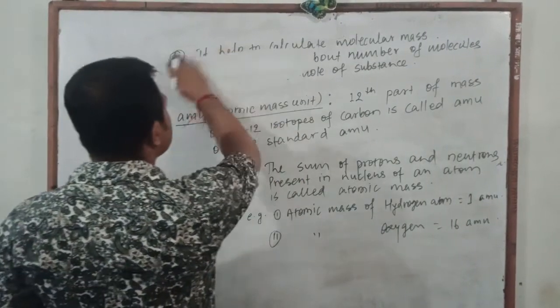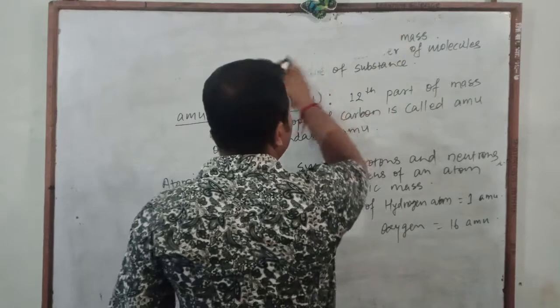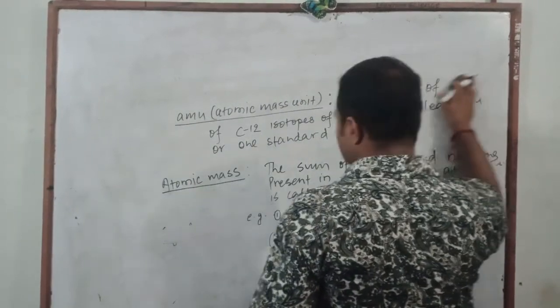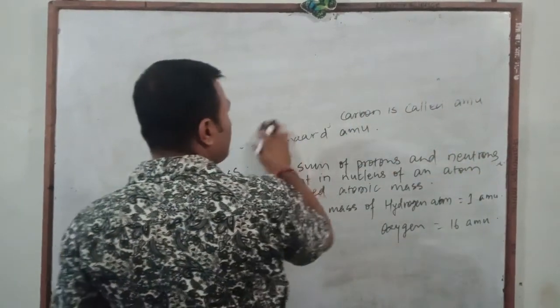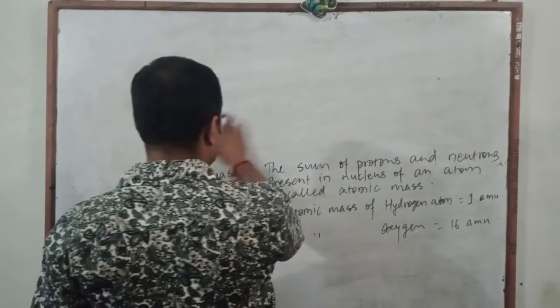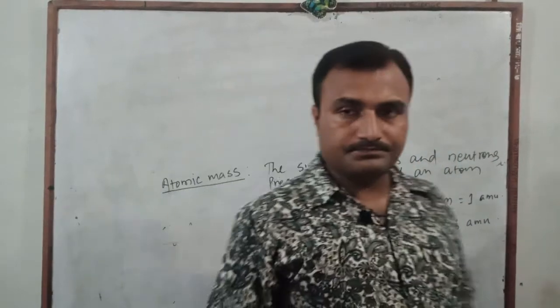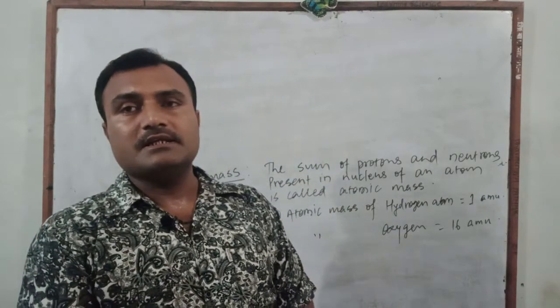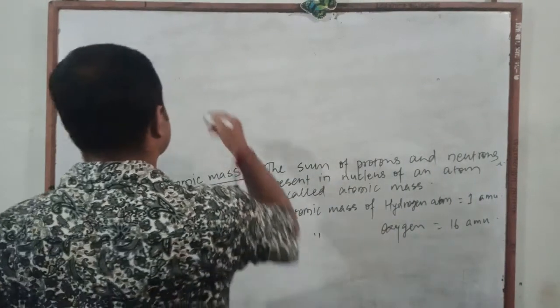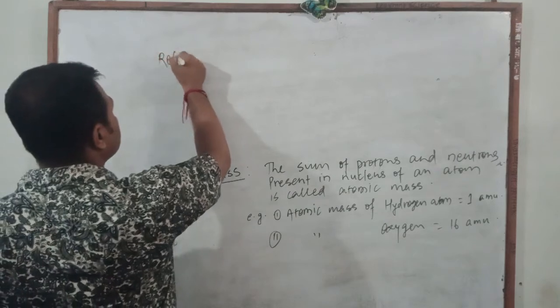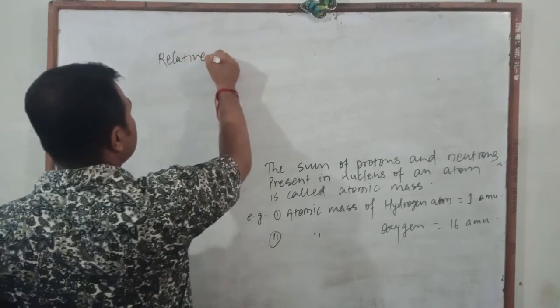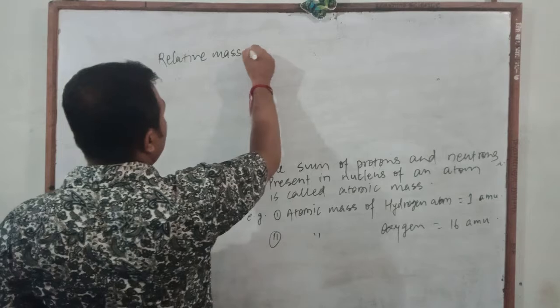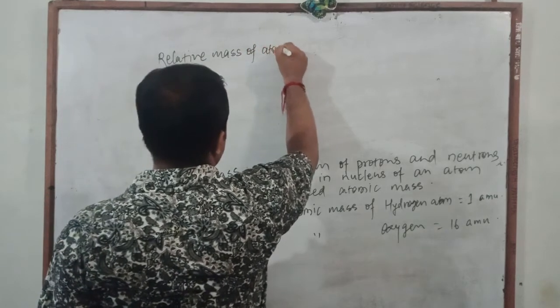And here we consider about new one type of mass, that is called relative mass of atom. Relative mass of atom means what? We know that here relative mass of atoms.